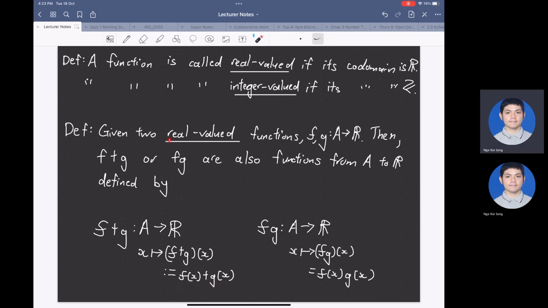Because given two real value functions, we know where f sends x to, and we also know that g will send x to somewhere else, and then they both lie in R. So you can add numbers in R. Similarly, you can also multiply numbers in R.